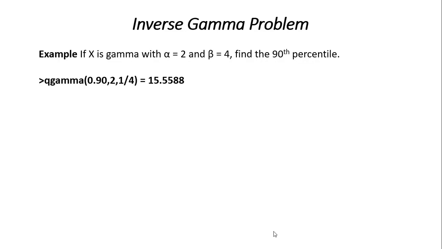For an inverse problem, if X is gamma with alpha equals 2, beta equals 4, let's say we wanted the 90th percentile. Here I would have Q gamma 0.90, 2, 0.14, right? The 90th percentile gives us this input right here, 0.90. This works out to be 15.5588.